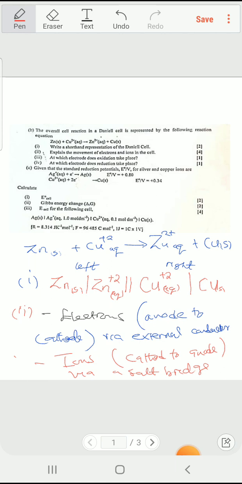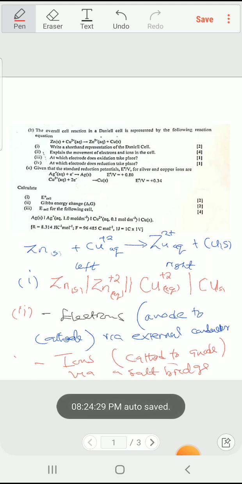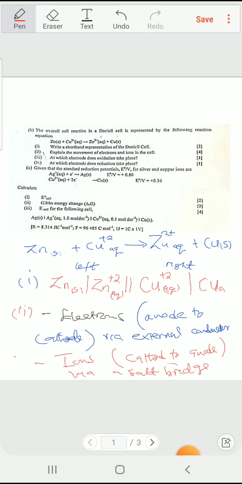Again, you can say ions move from the reduction half cell, which is the cathode, to the oxidation half cell, which is the anode, via the salt bridge. Then you are done, and you have gotten 4 marks.